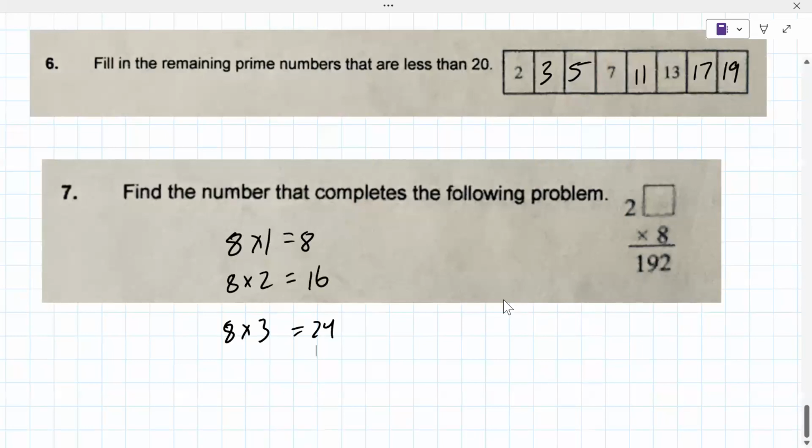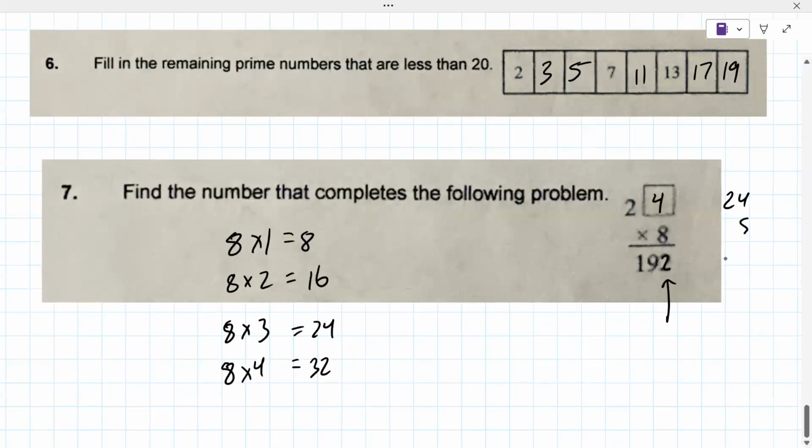The rightmost digit has to be a 2. 8 times 20 is 160, so we're getting closer. I'm just looking for that 2. So what is 8 times 4? 32. That's what we want, because 8 times 4 gets you the 2.